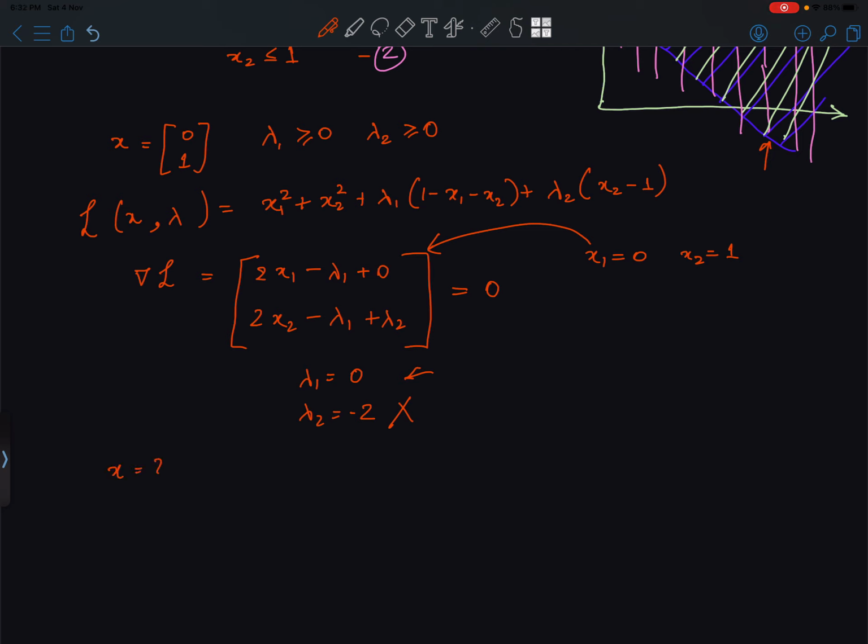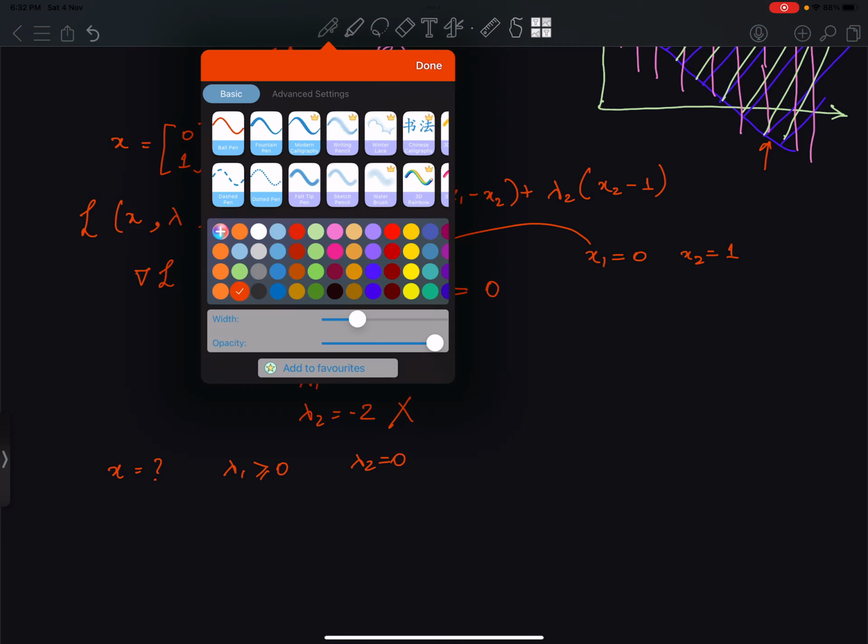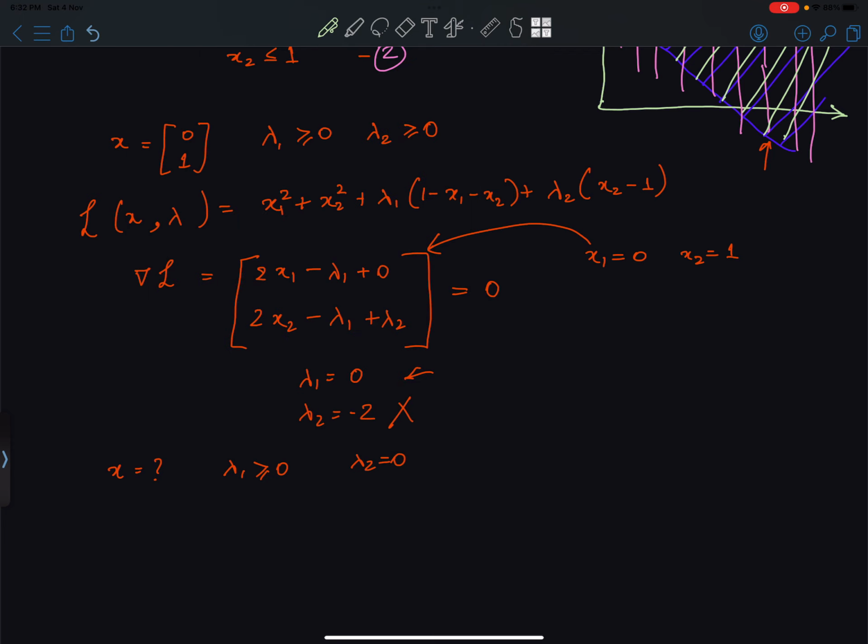I don't know x, but I know that lambda 1 is greater than or equal to 0 and lambda 2 is 0 in this case. This is when both the constraints 1 and 2 are active.